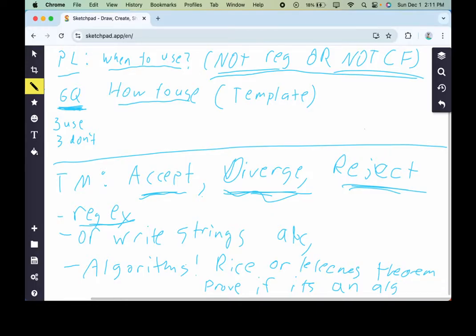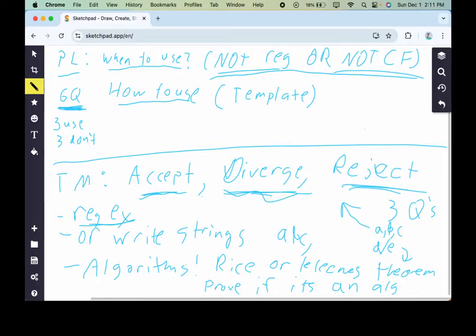If there are 9 questions on the exam, expect maybe 3 questions on Turing machines. Each of these will likely have parts A, B, C to make accept, diverge, reject. And if there's a D or an E, those parts are going to be more for algorithms.